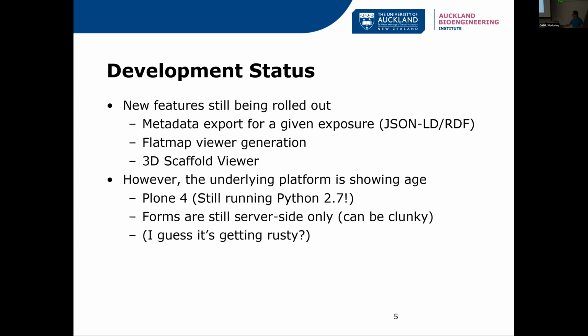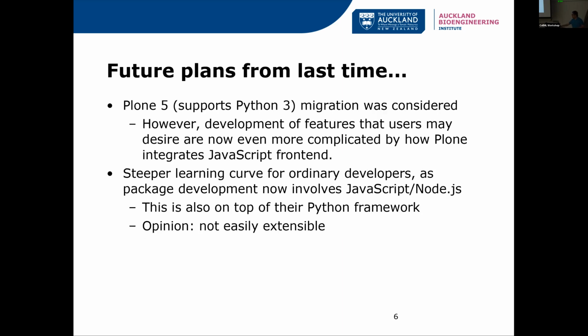There was an effort to migrate, but the issue was that Plone 5 has a bit of complications with how they deal with JavaScript, and it makes it rather difficult to do testing and clean UI components, and also the way that is usable across the server and the client side. And also it's a much steeper learning curve for other developers to get in.